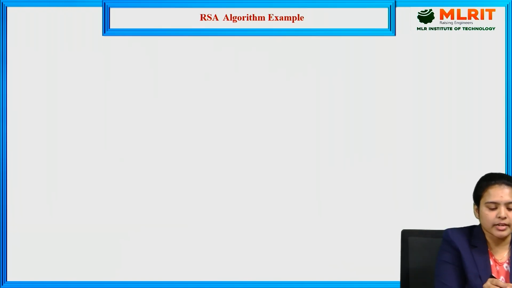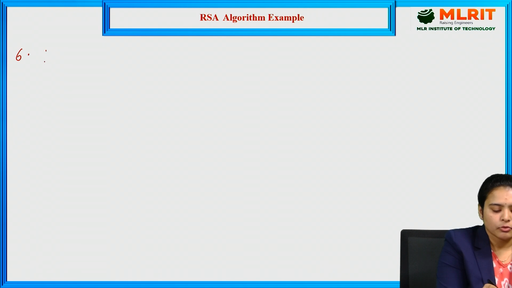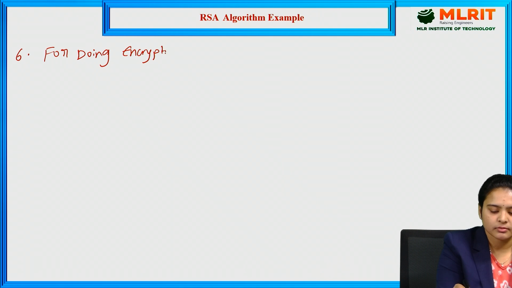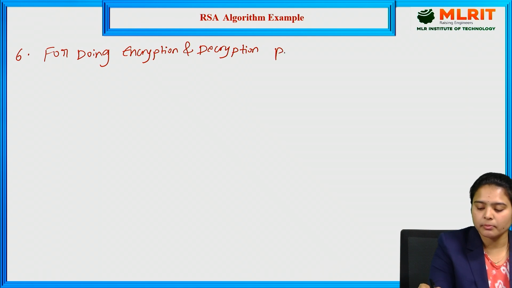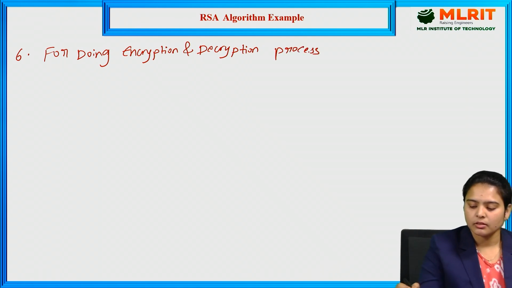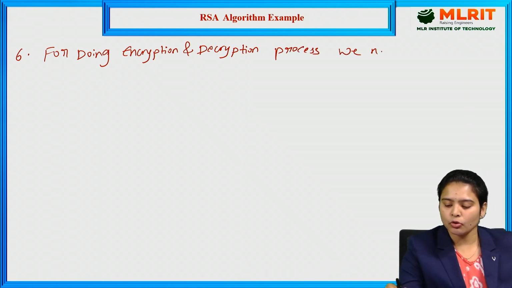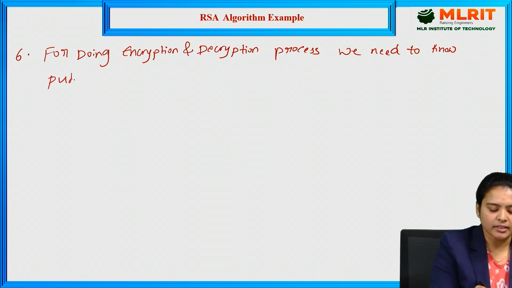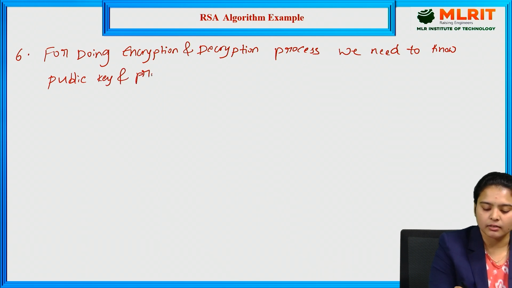In the next step, for doing the encryption and decryption process, we need to know the public key and private key.